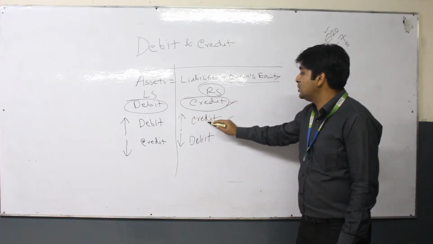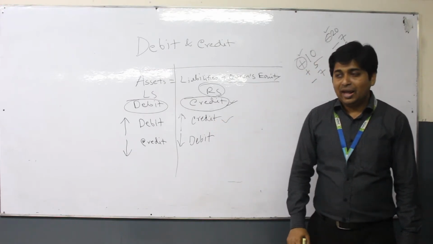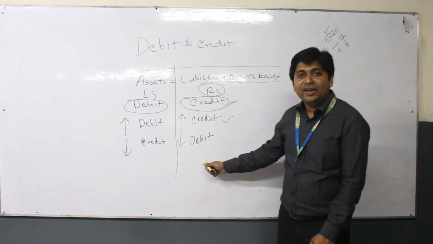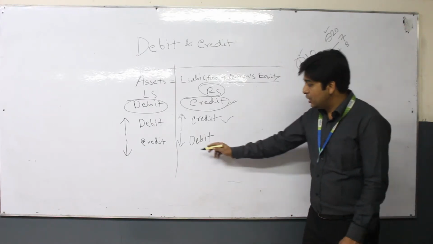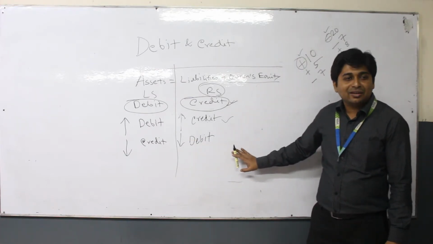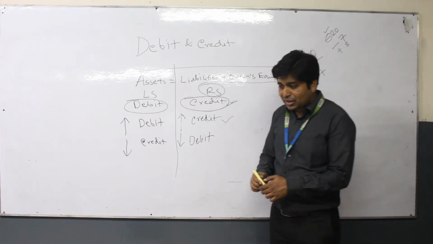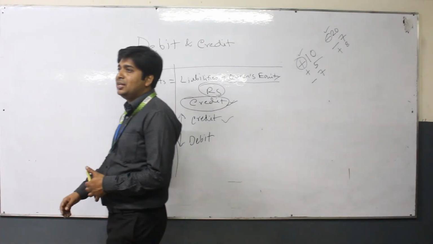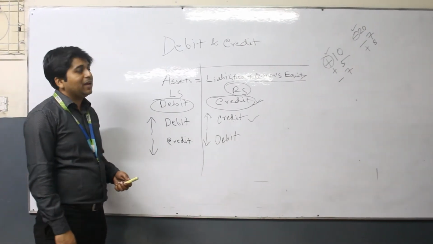That means capital and revenue are credit. And by drawing and expense, owner's equity is decreased. So drawing and expense are debit. This is how we can easily find out the debit and credit.